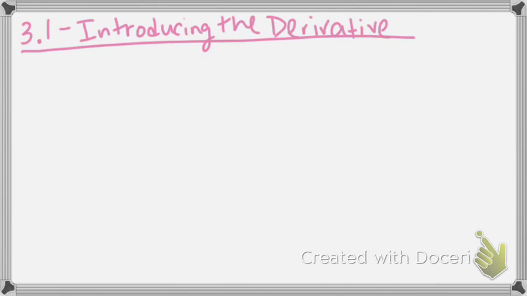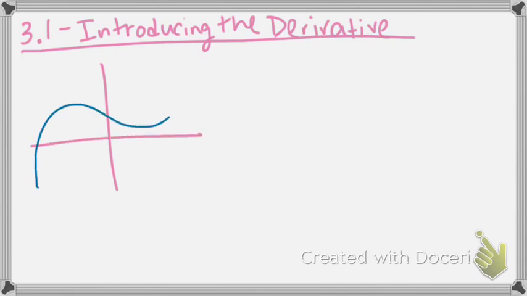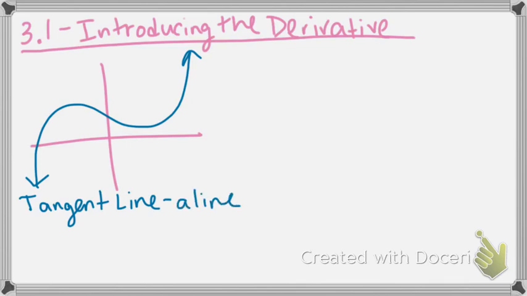Let me go ahead and just draw a little XY axis, and then we're going to just draw an exaggerated cubic function. And so the first thing we're going to look at are tangent lines, okay? And we're going to call a tangent line a line that intersects a curve.